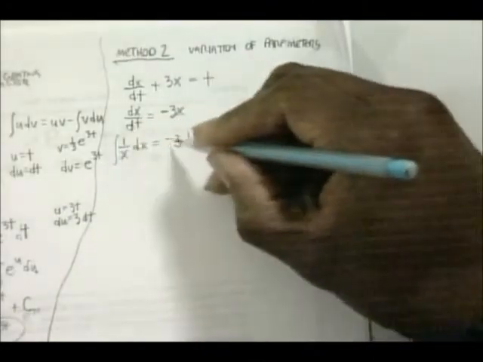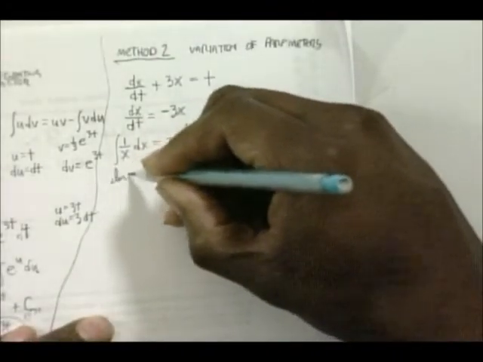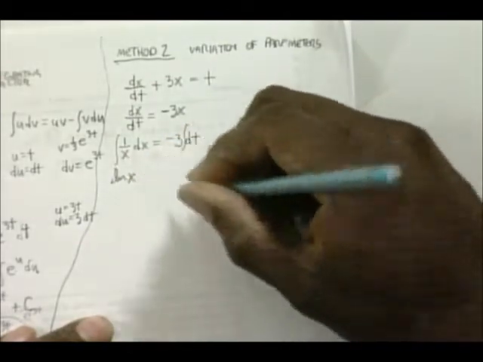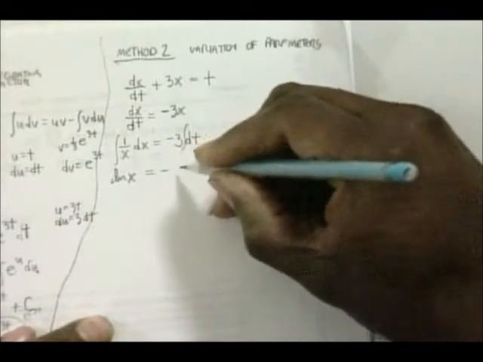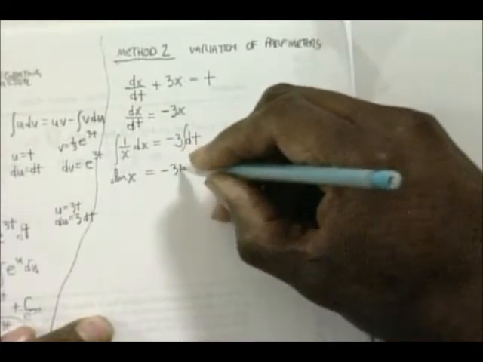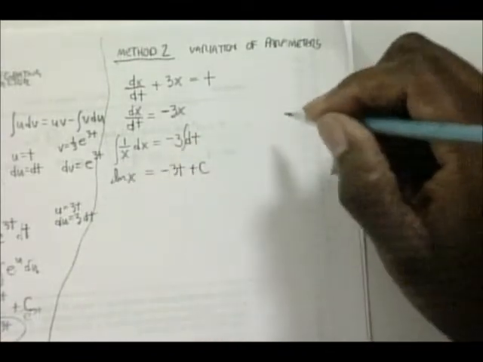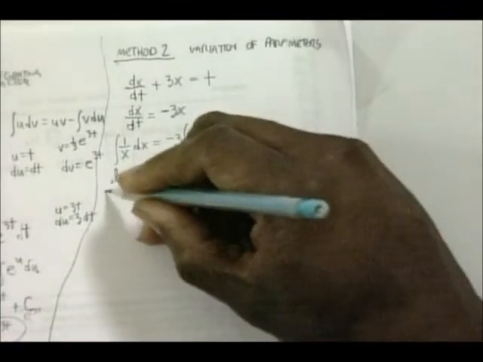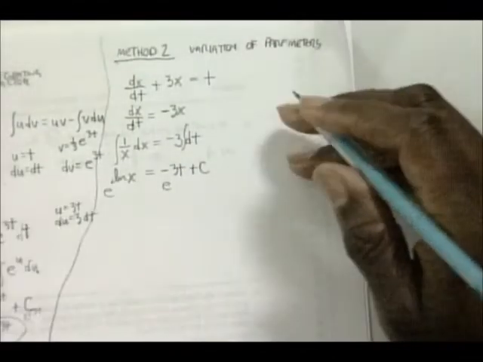Take the antiderivative of both sides. We get natural log x plus c, we don't need to write it right now, is equal to -3t plus c. All right, let's solve for x. Make each of these sides the exponent of the e function.